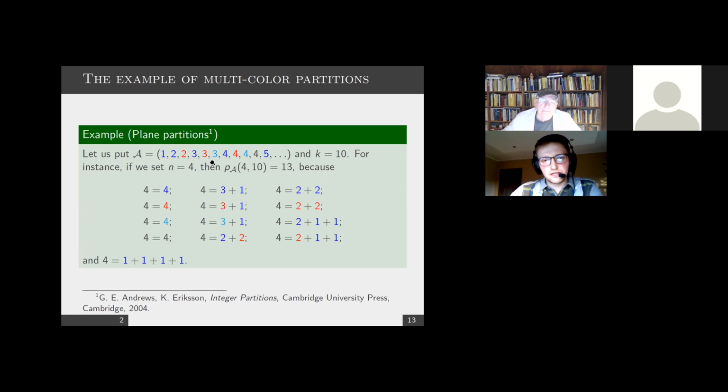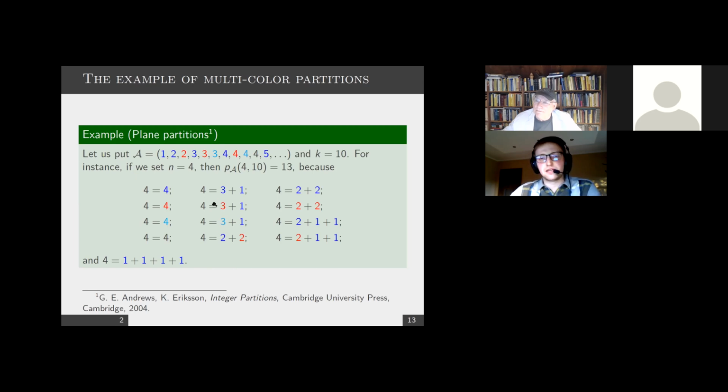For more details about the classical theory of partitions and plane partitions in particular, I highly recommend the book written by Professor George Andrews, The Theory of Partitions.